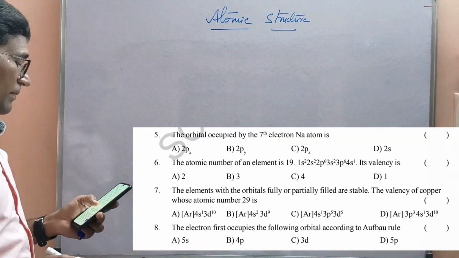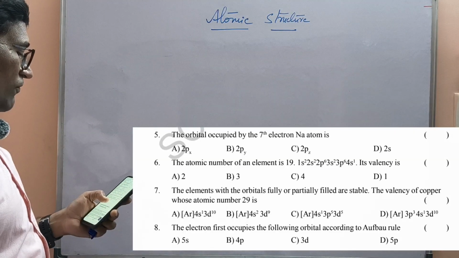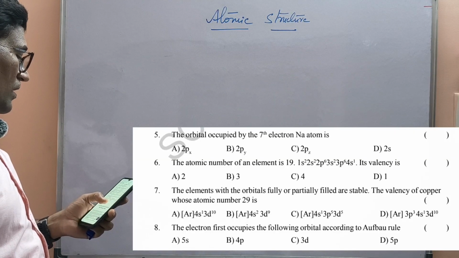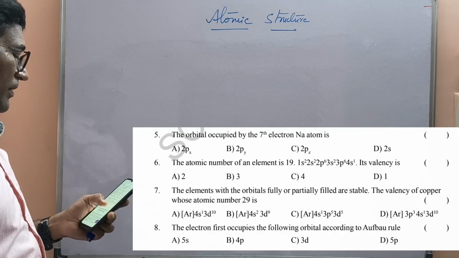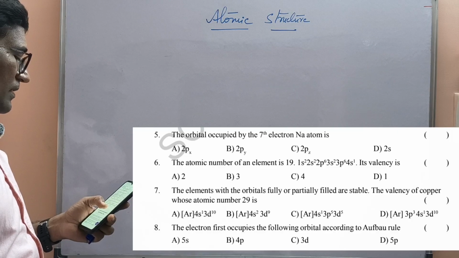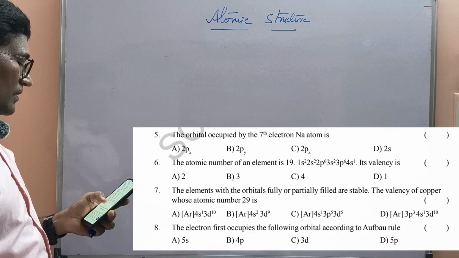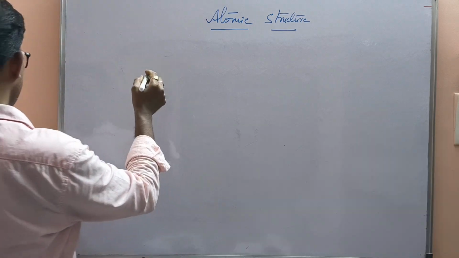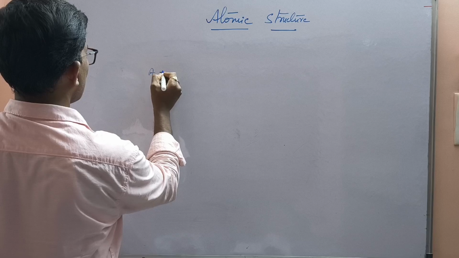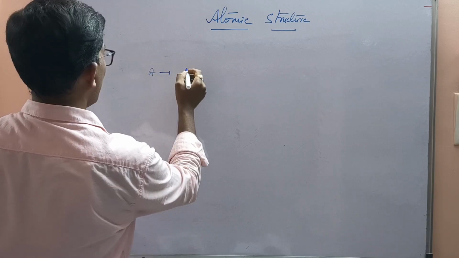I will read it out: the elements with the orbitals fully or partially filled are stable. The electronic configuration of the element whose atomic number is 29 is the question. That is the electronic configuration.